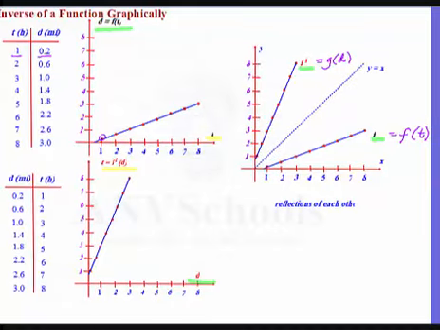Let's do it with a more accurate line. Okay, so this is our guiding line, the one in the middle.